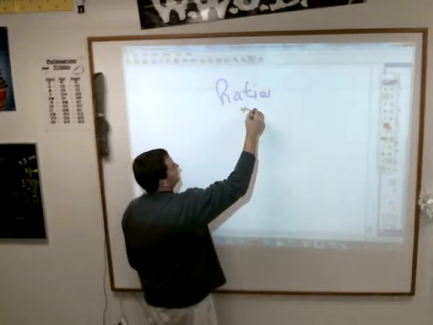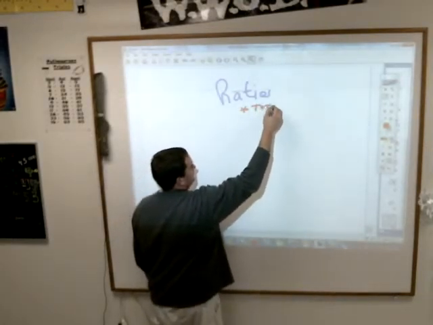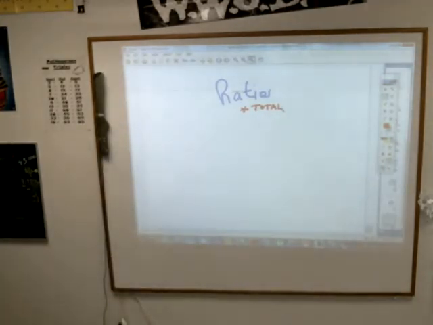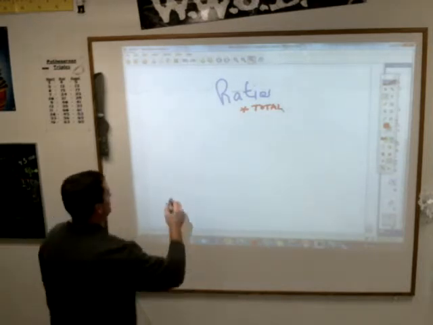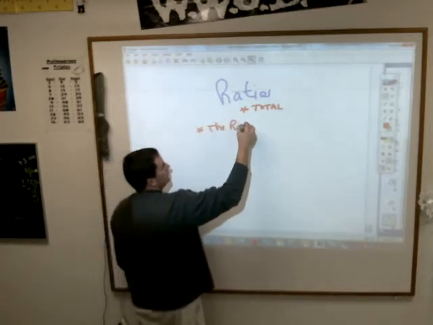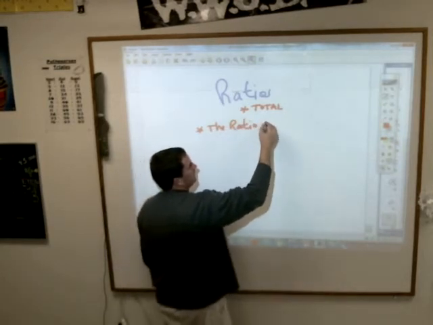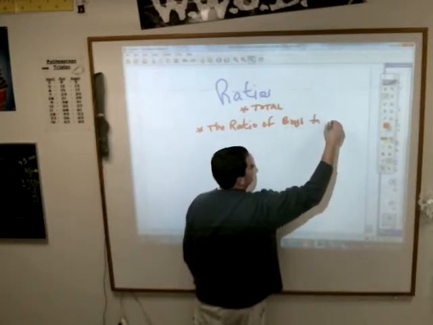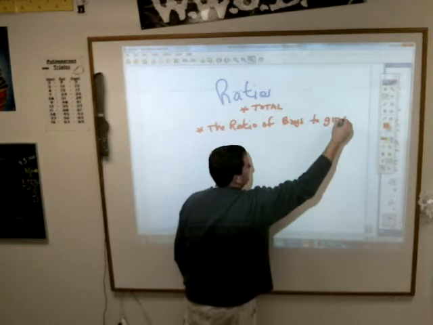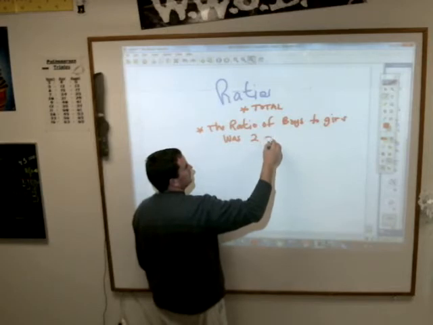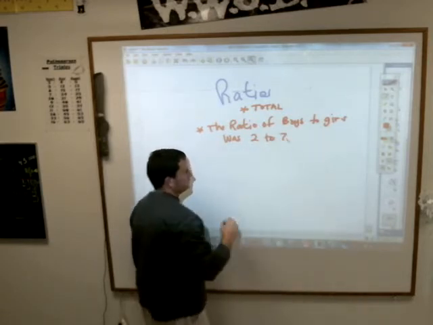Specifically at ratios when you're given a total. For example, write this little problem down here. The ratio of boys to girls was 2 to 7.